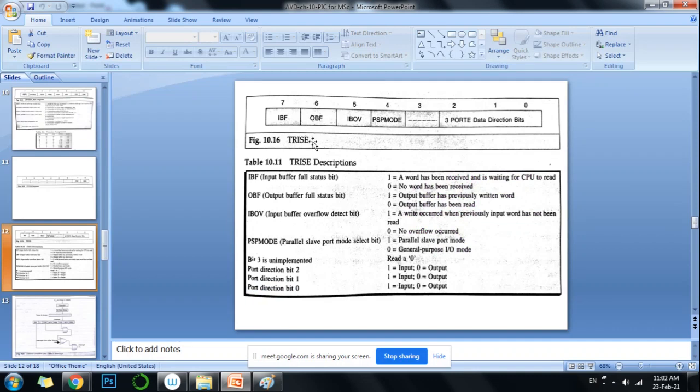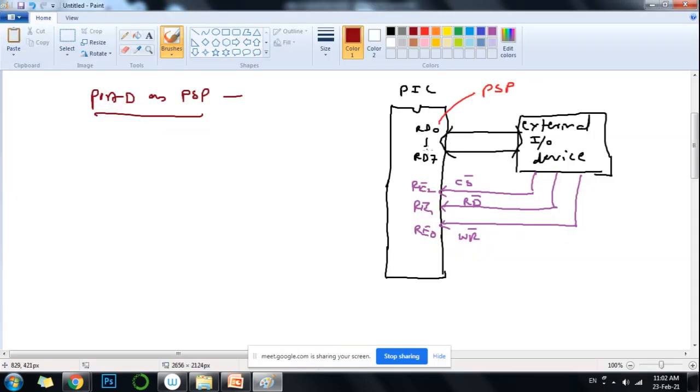It indicates that the output buffer is full. When that data is read by the external device by generating a read bar pulse, the buffer becomes empty, so the OBF signal will become inactive. When it goes inactive, the CPU can send the next byte.